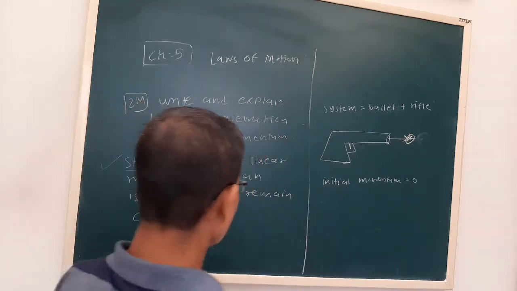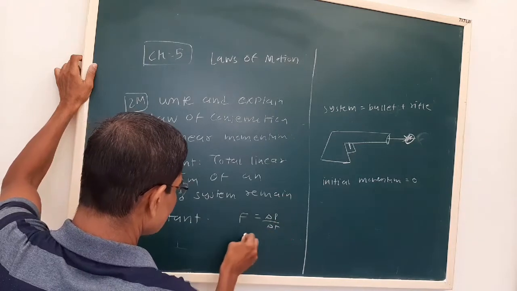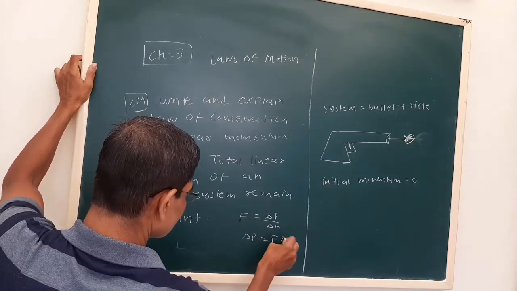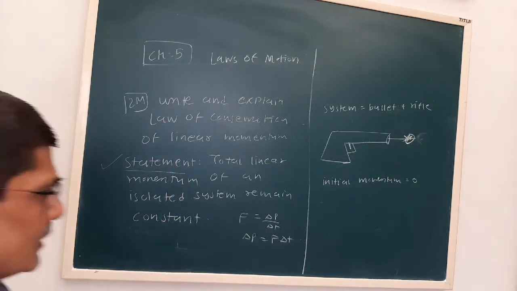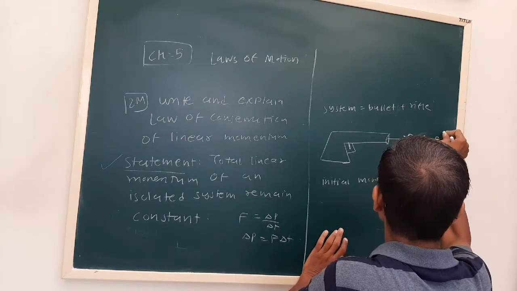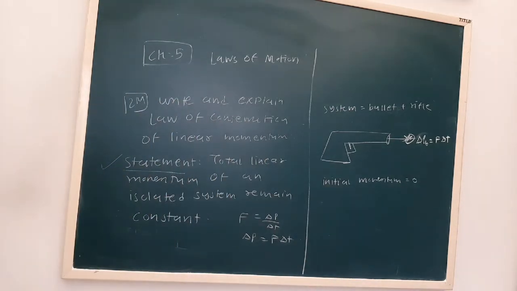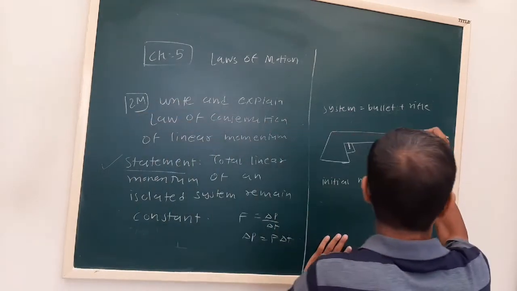F is equal to delta P by delta T. So what is the change in momentum? That is delta PB. So delta PB is F into delta T.